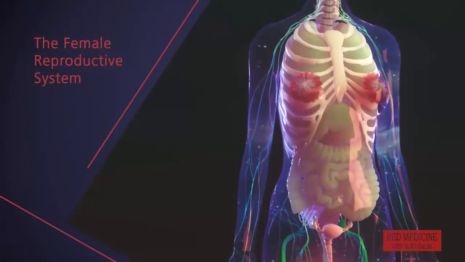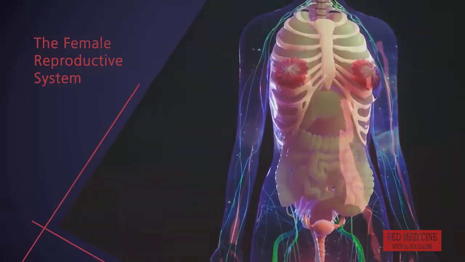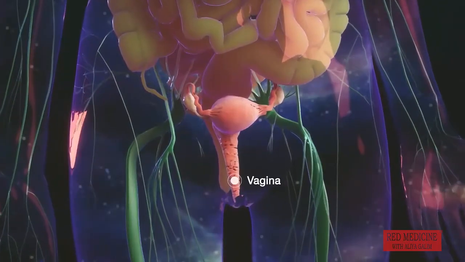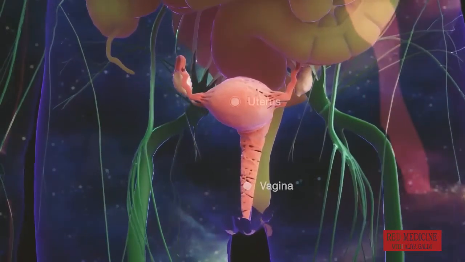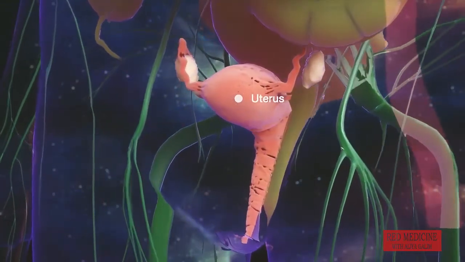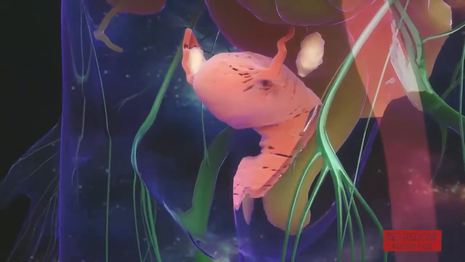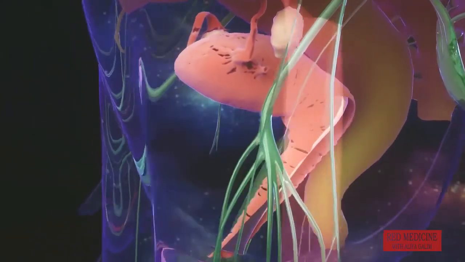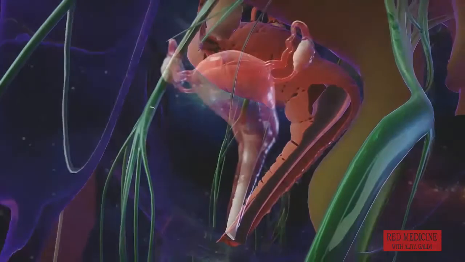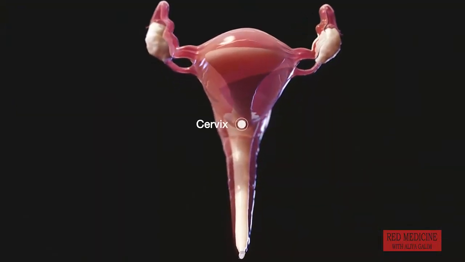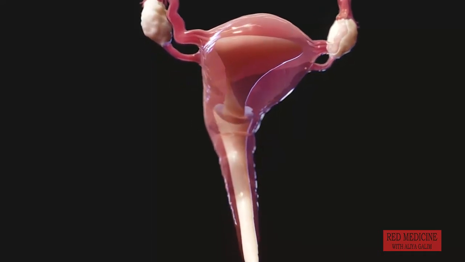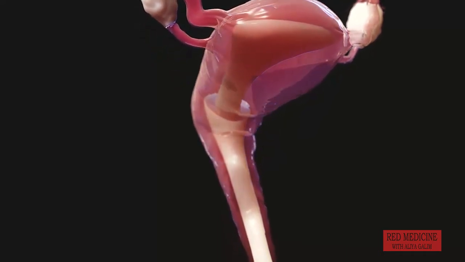The female reproductive system. So here we have the vagina or vaginal canal, the body of the uterus. It's a hollow, smooth organ that is literally suspended in the pelvis. The cervix is that bridge that connects the vagina with the body of the uterus.